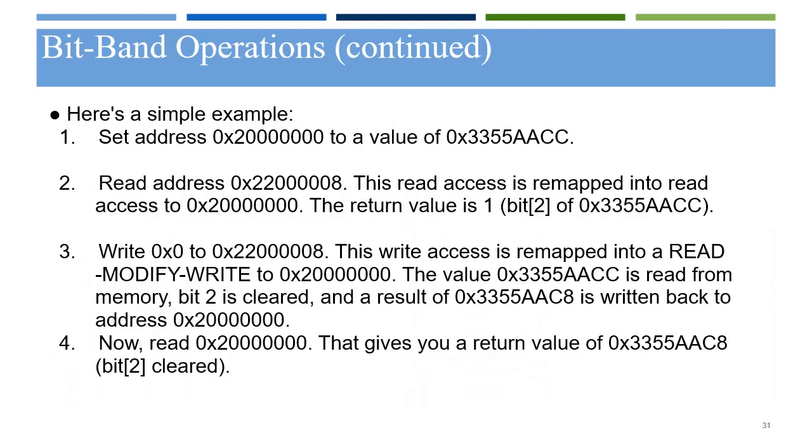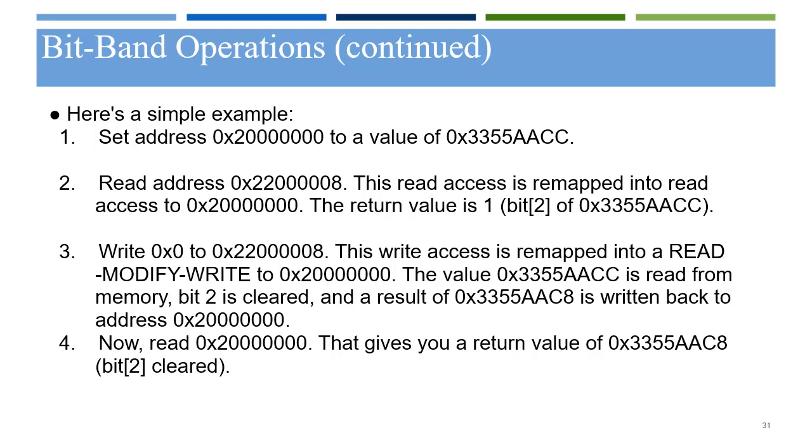Here is a simple example. Set the address 20000000 to a value of 3355 AACC. Then we read the address 22000008. This read access is remapped into a read access to 20000000. So here remapping has occurred.